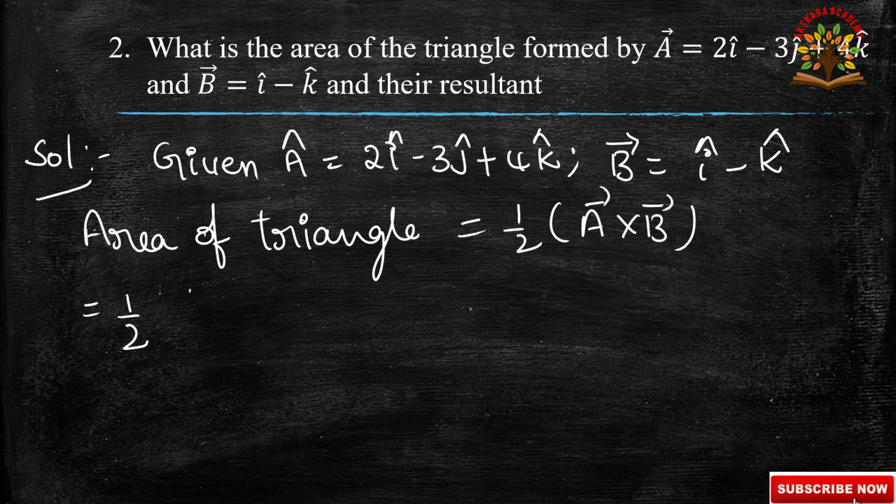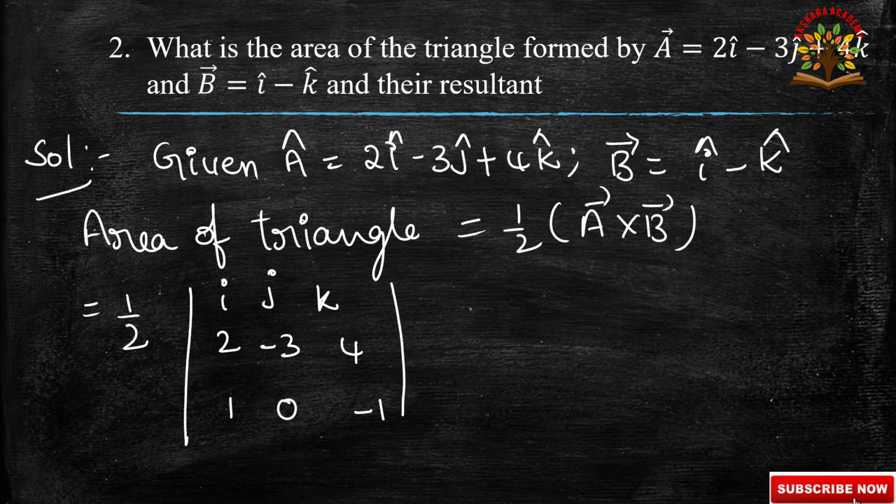that is equal to half modulus of the determinant with rows i bar, j bar, k bar, the components of a: 2, minus 3, 4, and the components of b: i 1, j 0, k minus 1.